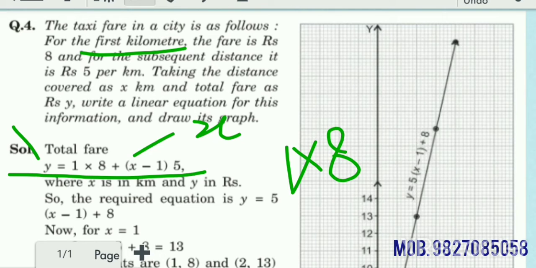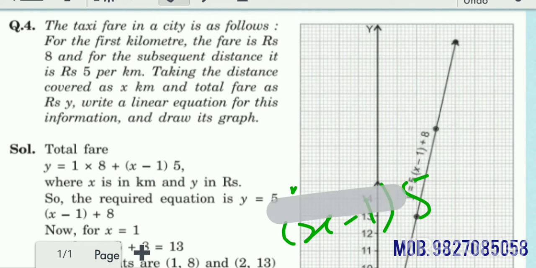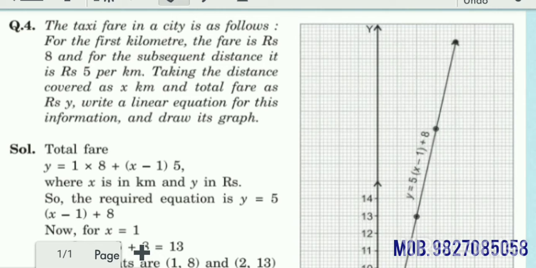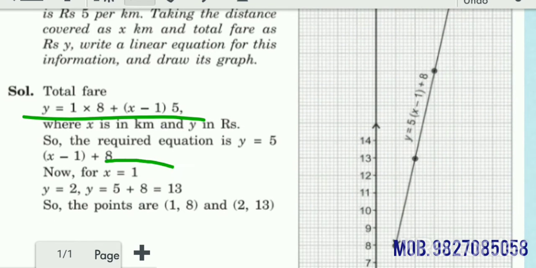Okay, now the remaining distance is x minus 1. Whatever distance remains, one is subtracted from it, and it has to be paid at the rate of multiply by 5. Okay, so the required equation is y is equal to 1 into 8 plus (x minus 1) into 5, and solve for this. Put the value of x is equal to 1, so we easily get y is equal to 13.